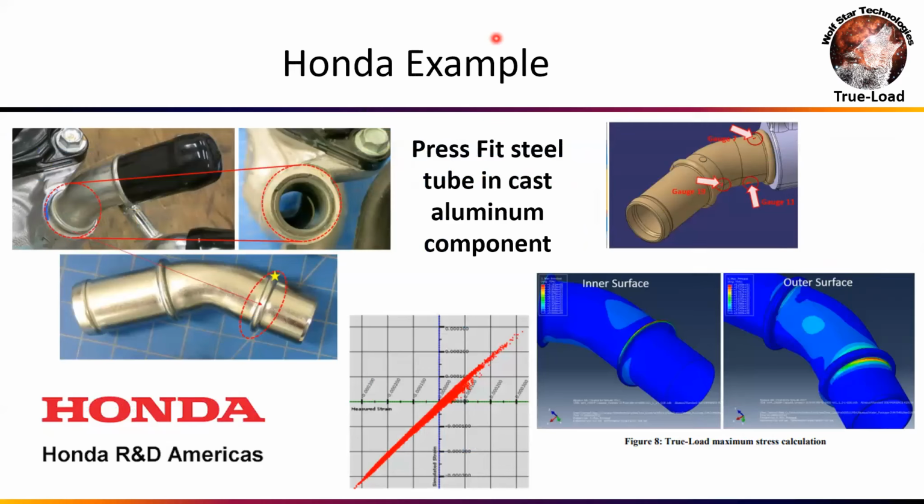And you can see here's a correlation plot showing measured strain versus simulated strain that they were able to get on this component. Once they had those loads, they iterated to come up with a new design that gave them the performance they needed. So they were able to solve this problem extremely easily. Without TrueLoad, they would have had no tools to get after this problem. So it's just what TrueLoad can do.